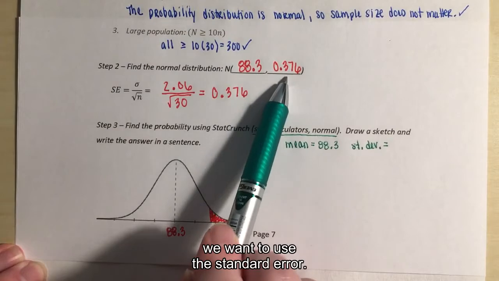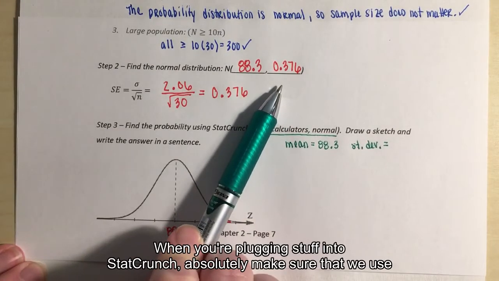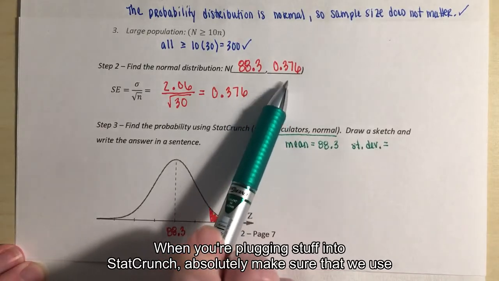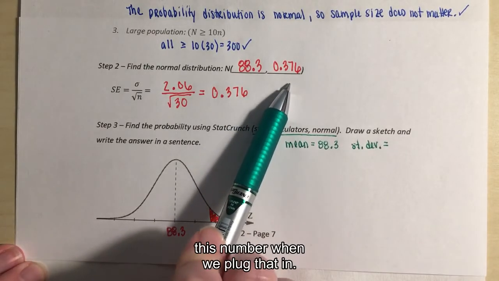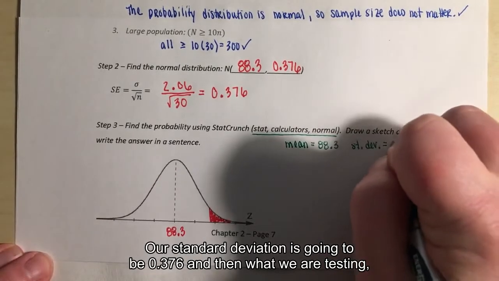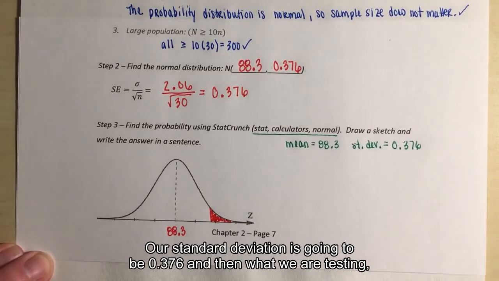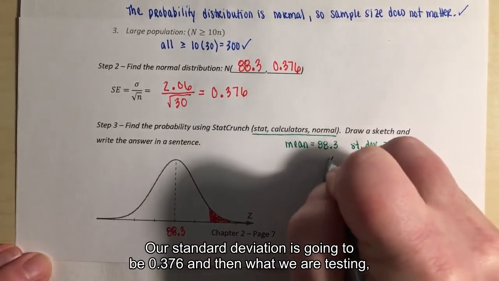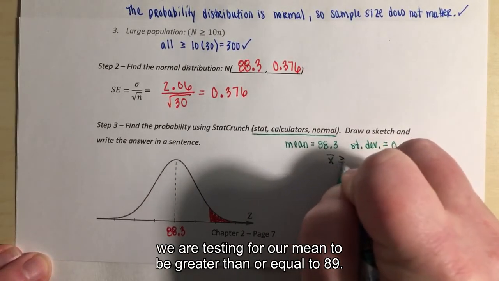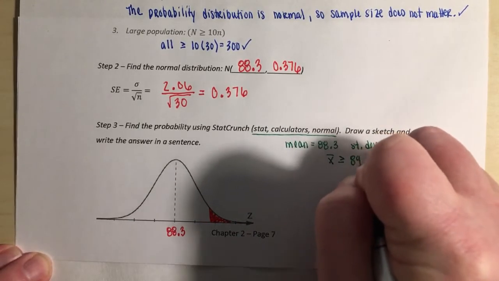We want to use the standard error. That was the whole point of finding that value. So when you're plugging stuff into StatCrunch, absolutely make sure that we use this number. So our standard deviation is going to be 0.376. And then what we are testing is for our mean to be greater than or equal to 89.